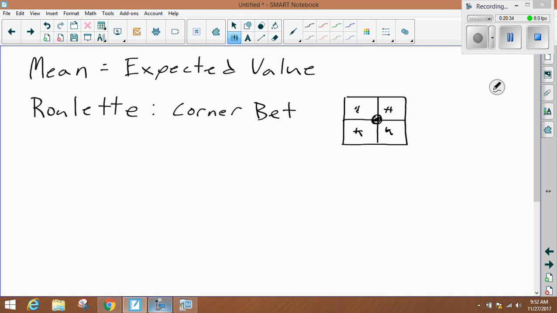Your bet would be $1, and if one of those numbers comes up, you can win 8 times the amount. That seems like pretty good odds, right? You either win 8, or you lose $1. Not too bad.